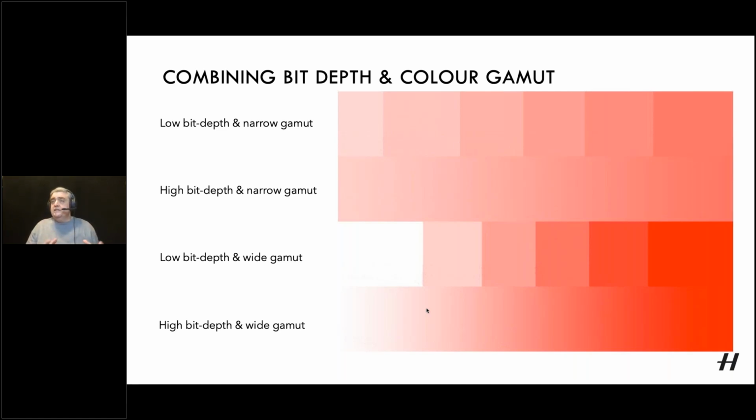If you remember, the 50 megapixel sensor from Hasselblad has 14 stops, and the 100 megapixel has 15 stops. So we've got a nice wide dynamic range to work with, and with the high bit depth into this color gamut, we've got a nice spread of the values across that color space.